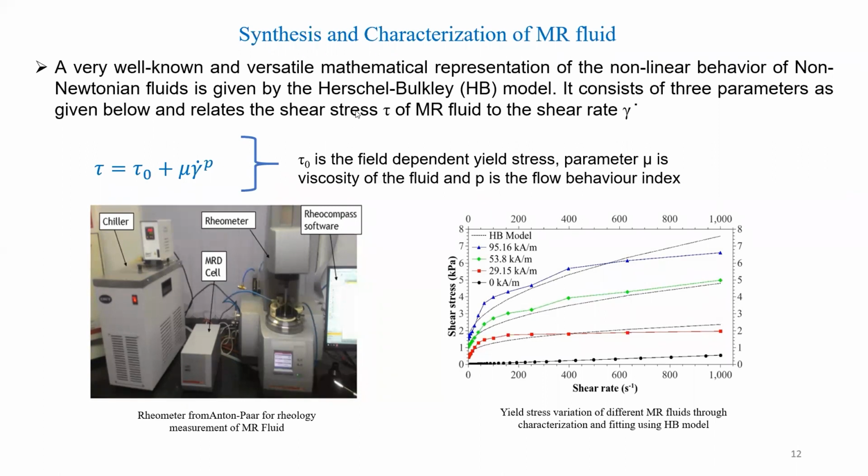So this is how we characterize the MR fluid. First we synthesize the MR fluid in the lab. It is very easy. You just put the iron particles in silicon oil, or whatever oil is compatible with silicon oil, meaning not any oil we can put.